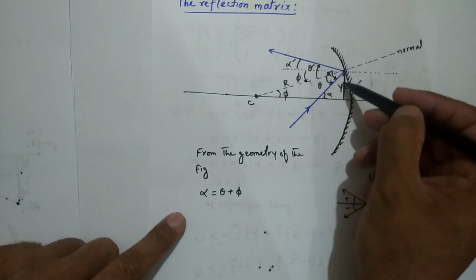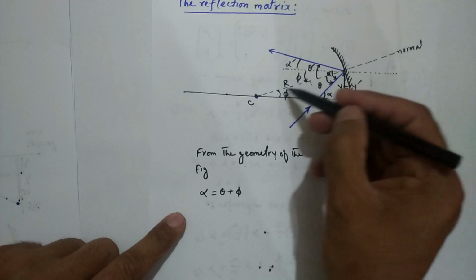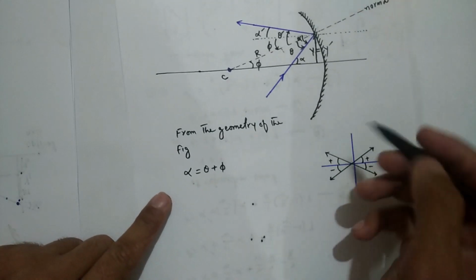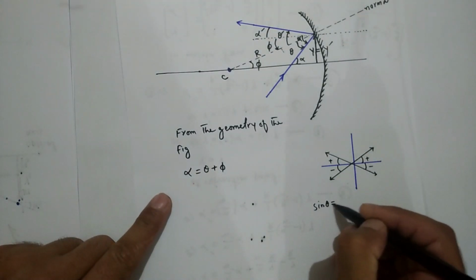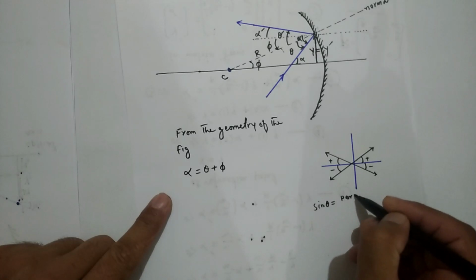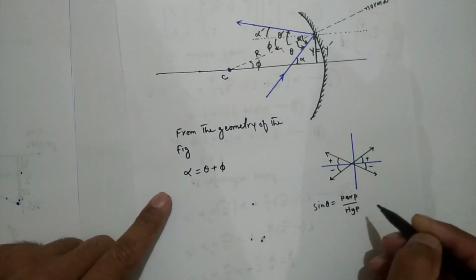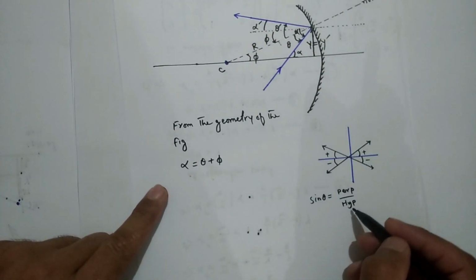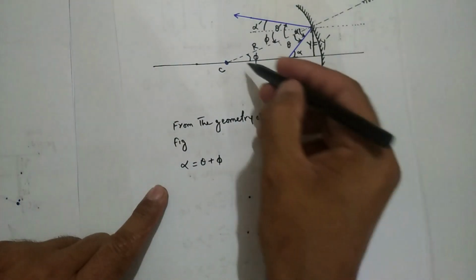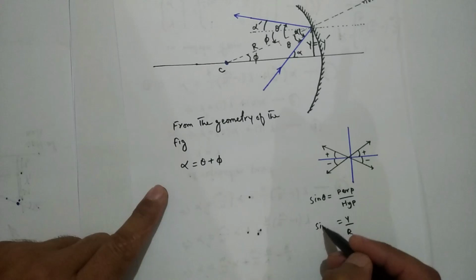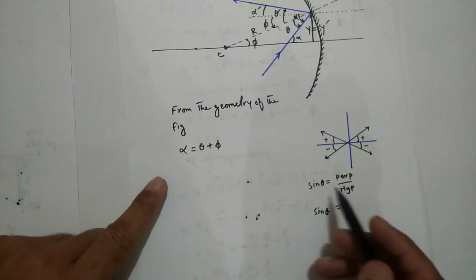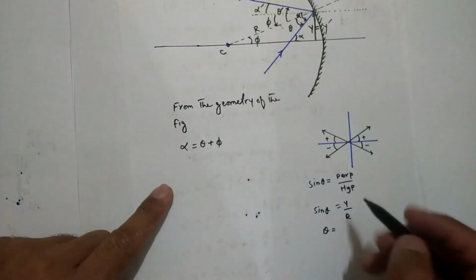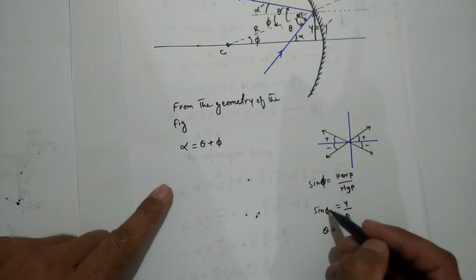So from this triangle, this distance is y, this one is r, and from geometry we know that sine of theta is equal to perpendicular upon hypotenuse. Here in this triangle the opposite side is y and the hypotenuse is r. So sine of theta is y upon r, and for a small angle sine of theta is almost equal to theta. Sorry, this angle is not theta, this one is phi.